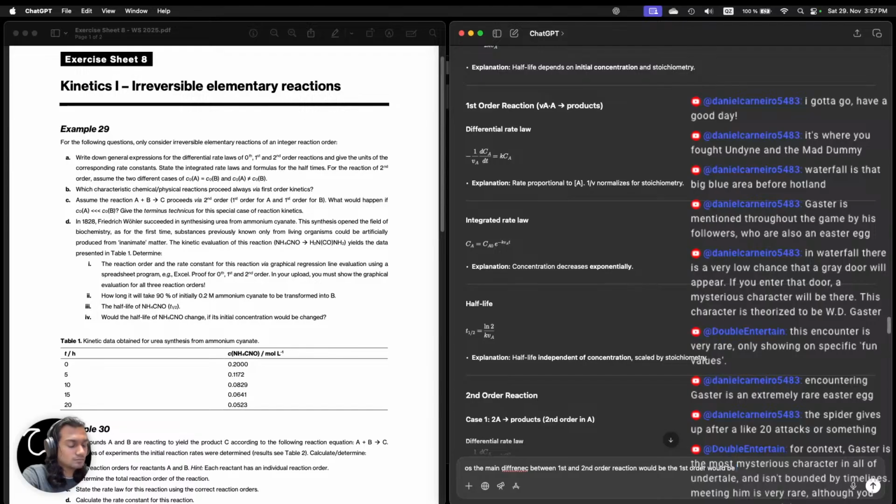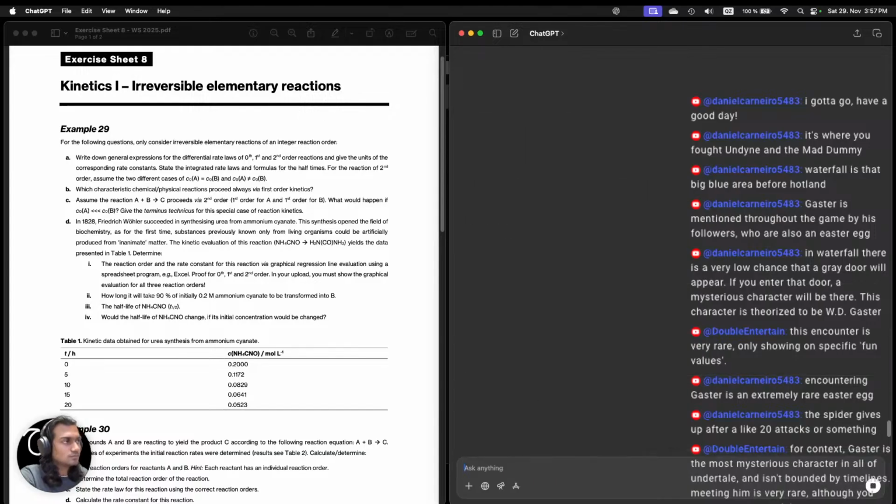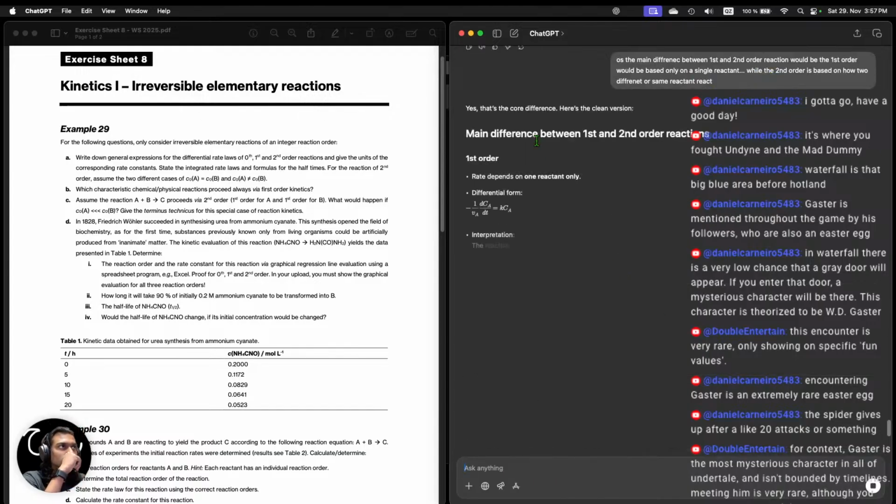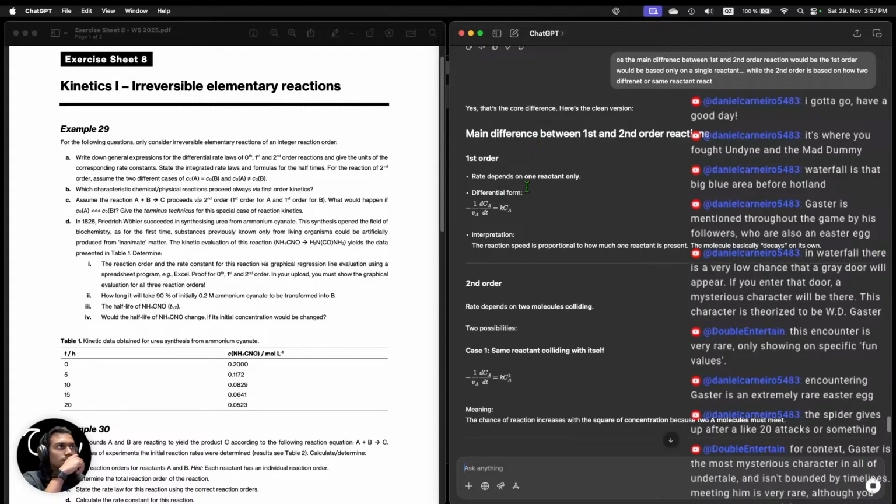Rate difference. First order rate depends on one reactant only. Second order rate depends on two molecules colliding.